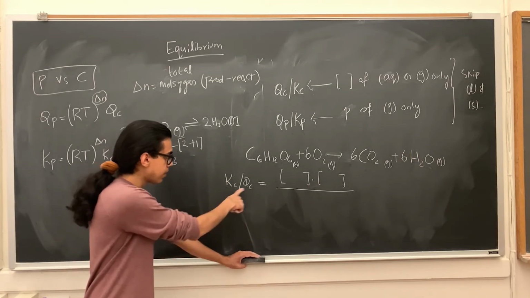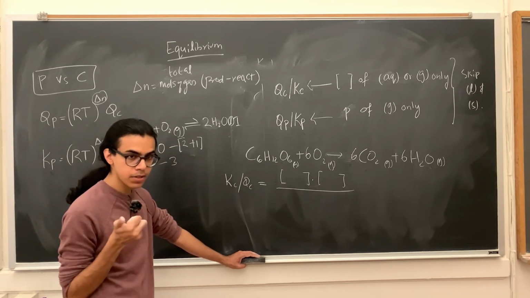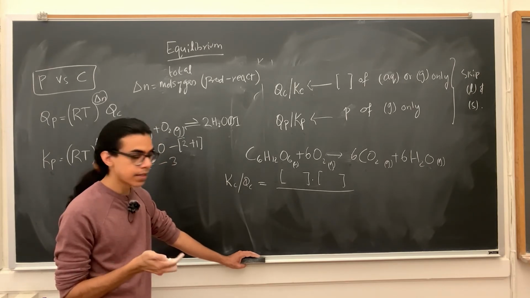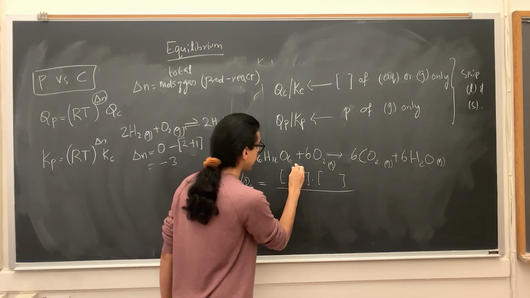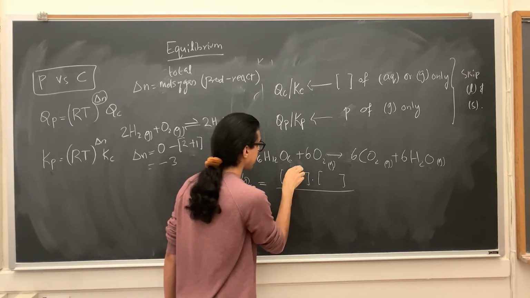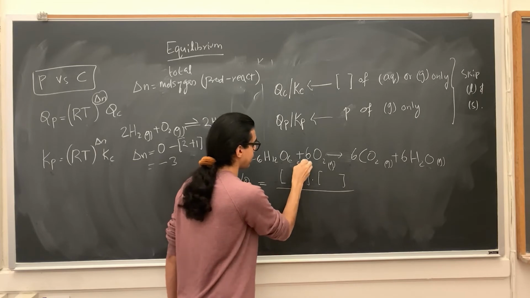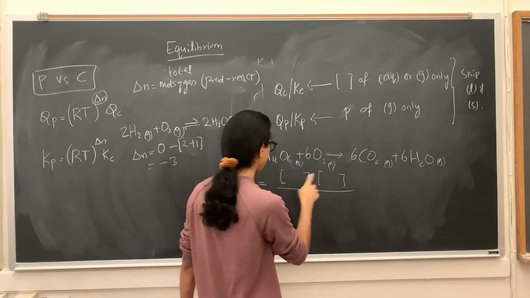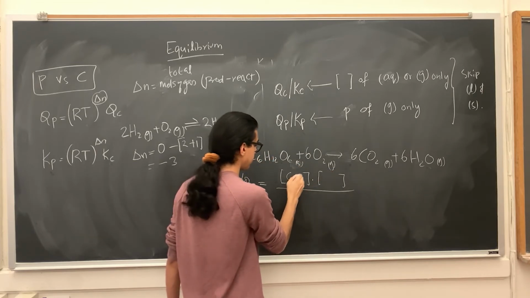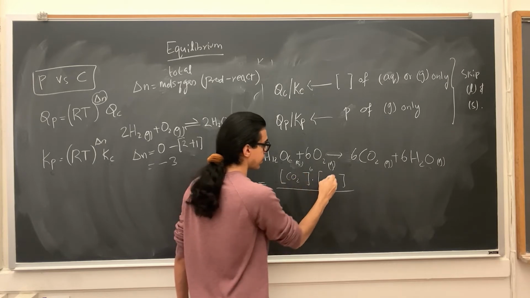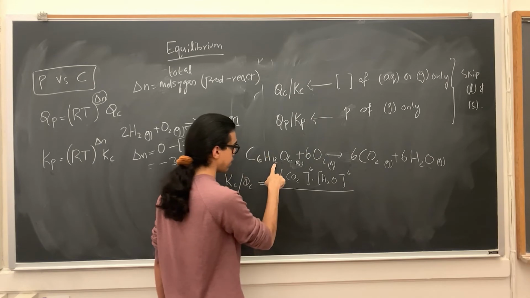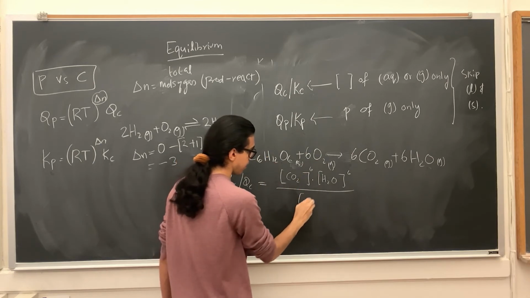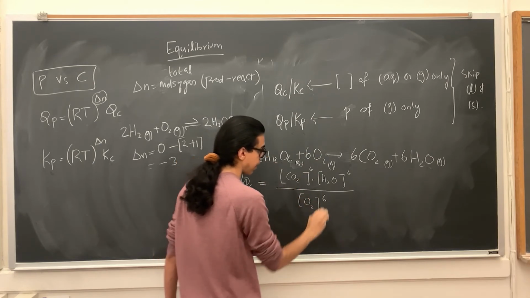Both of them go because this is concentration. Gases can have concentration, and aqueous things can have concentration. So this would be CO2 to the power of 6, H2O to the power of 6, and glucose is solid, so I skip it. Oxygen to the power of 6.